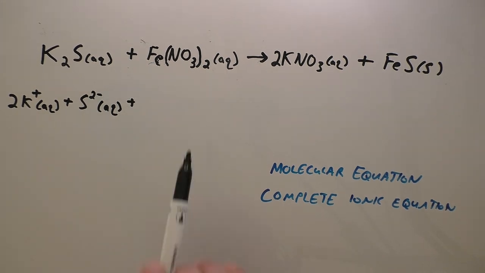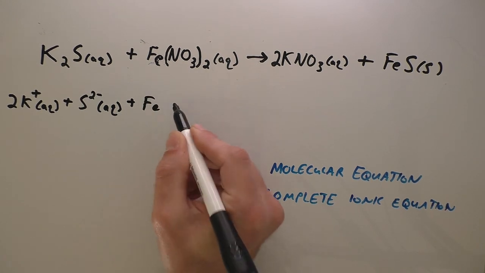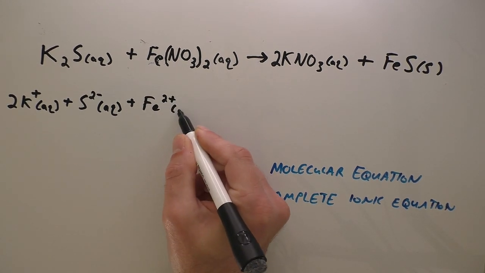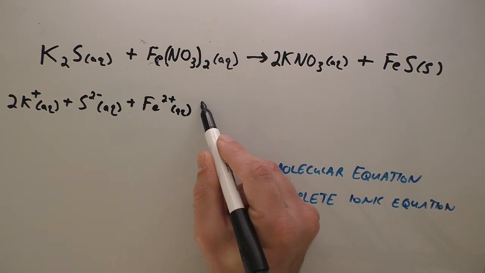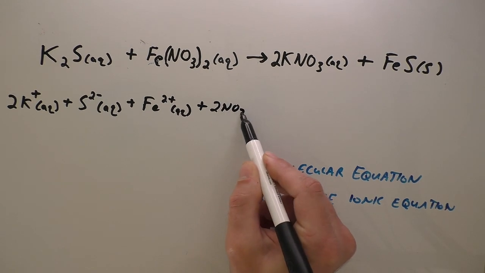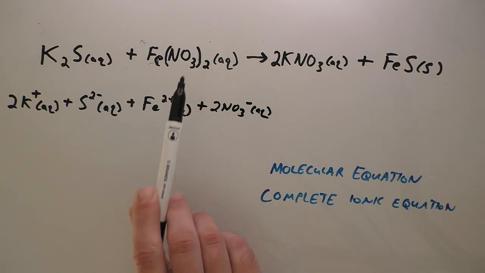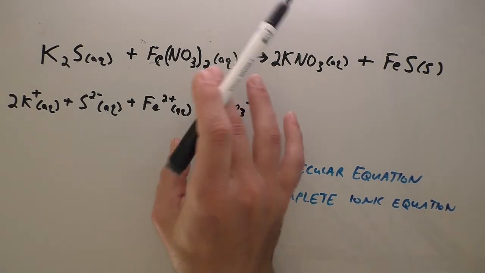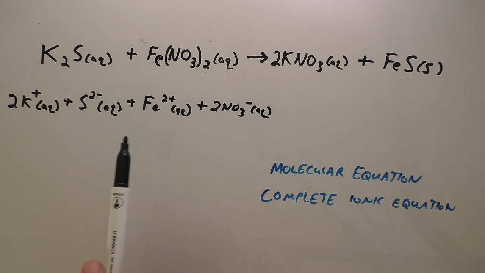And then we have the ferrous nitrate here, where we have Fe2 plus aqueous. These equations get pretty long-winded, I'm sure you can imagine. And then we have the 2 nitrate ions, that's 2 NO3 minuses, aqueous. And it's 2 because there's a 2 here, this whole thing in parentheses, there's 2 of them, so that 2 sort of becomes the coefficient in this equation here.